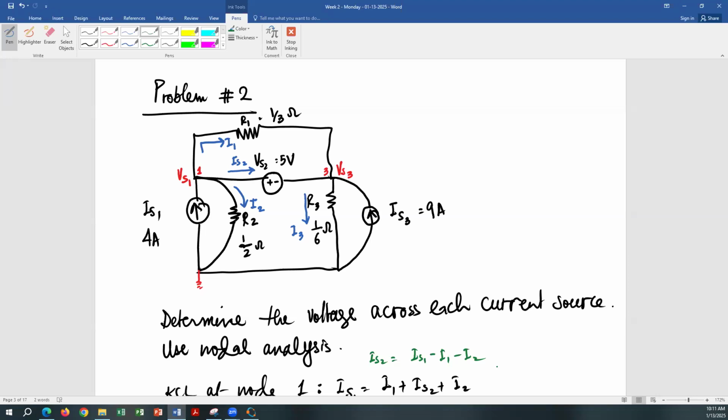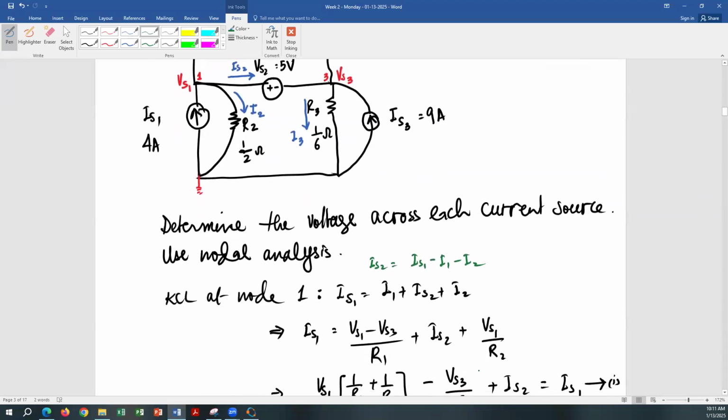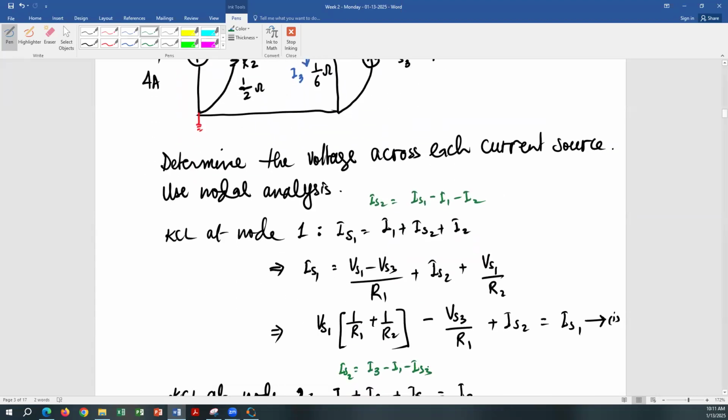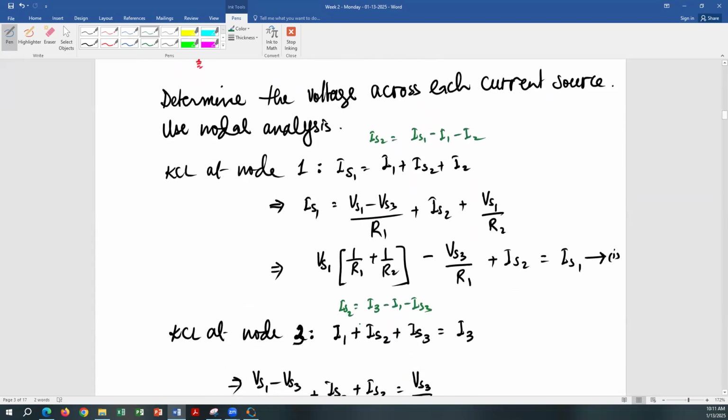Or you can just say, if the current is going towards node 1, you're going to write it down on one side of the equation. For example, Is1 is going towards node 1, and in the other equation, Is3 is going towards node 3, and I1 is going towards node 3. So you can write all the currents that are either going towards node 1 or node 3 on one side of the equation.